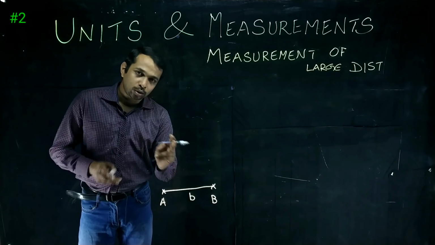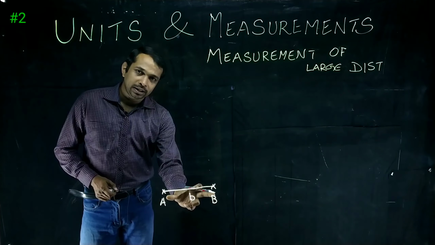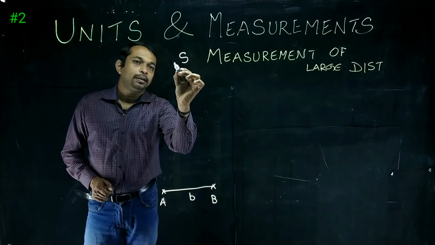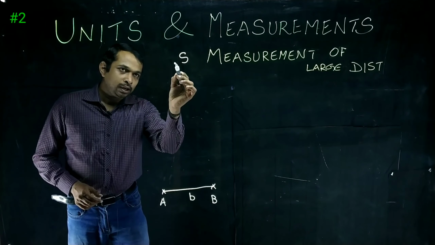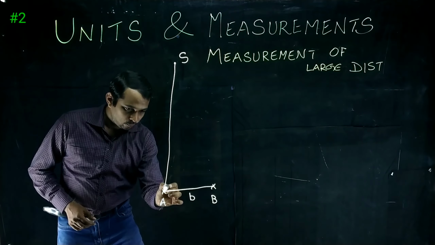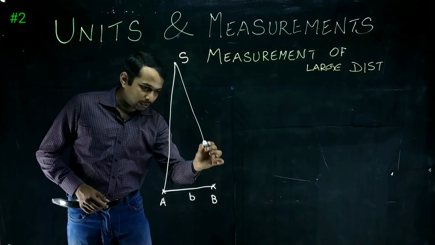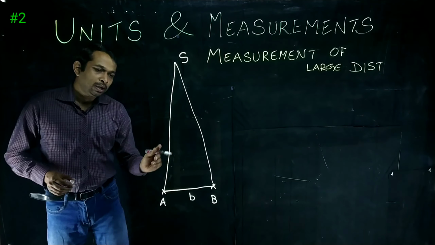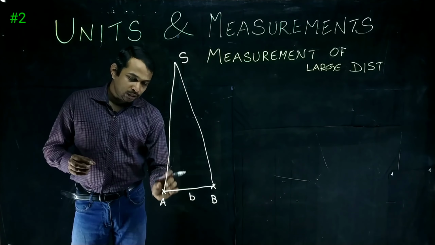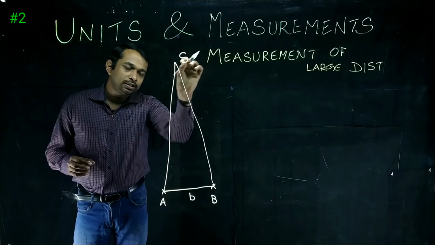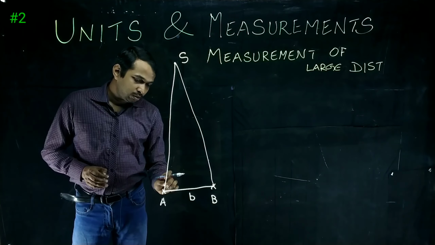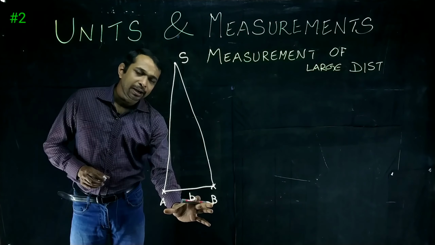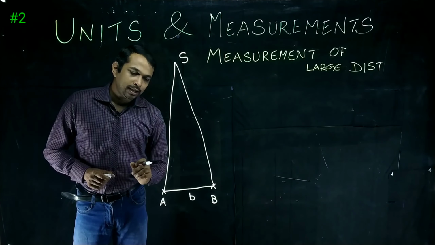So these are 2 cities and the distance between them is b, and let this be the sun. Now we are just joining these 2 lines. Compared to the distance from this city to the sun, or from B to the sun, the distance between A and B is very small, right?